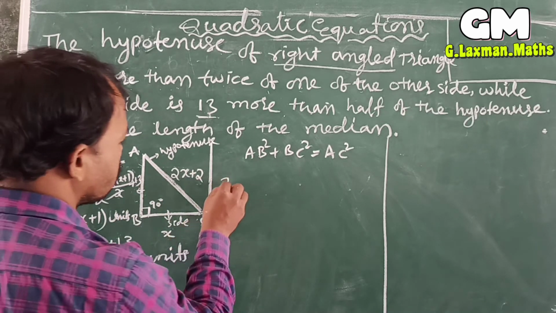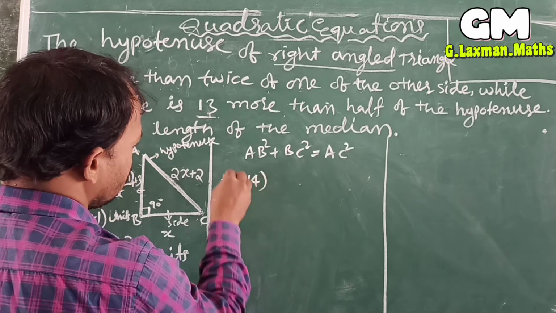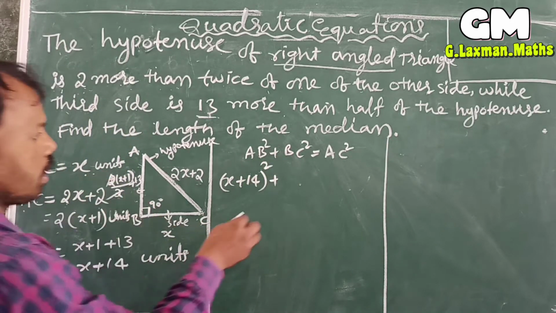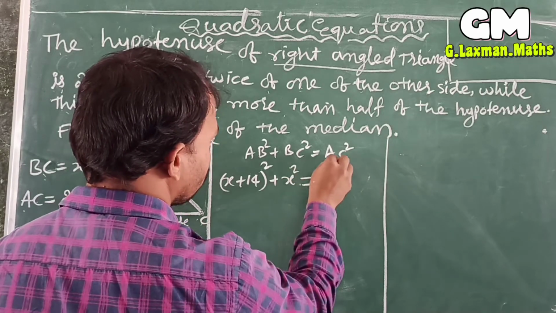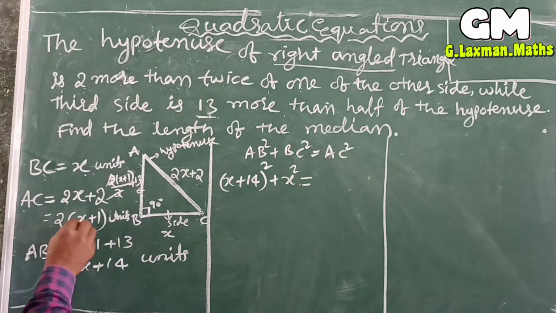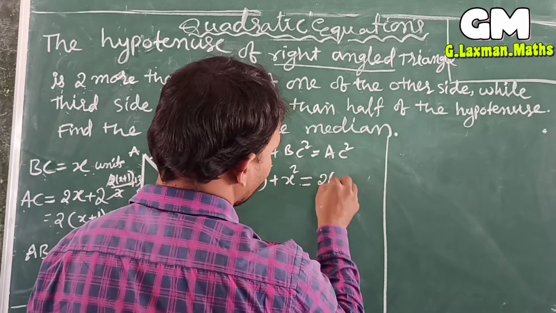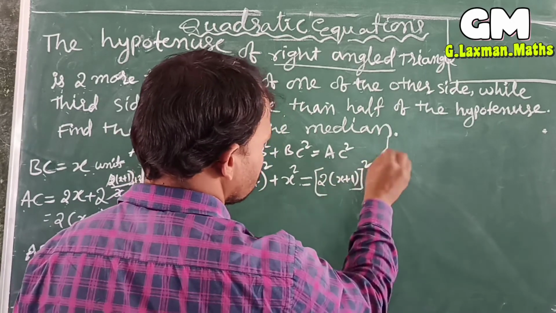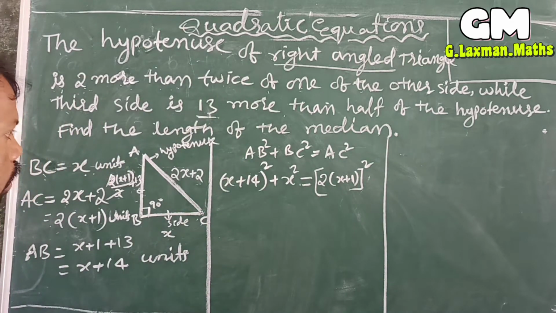AB is x plus 14, so x plus 14 whole square, plus BC, how much are we getting? x square. So it is equal to AC, which is 2 of x plus 1, whole square. Now we have to simplify this.